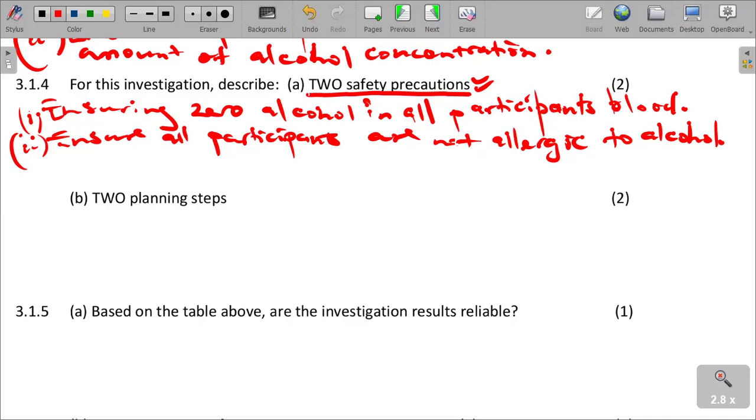Remember, when we do an investigation, it is always very important and profound that your experiments must not interfere with the living organisms that we are using. So in this case, there shouldn't be anyone who can suffocate or die because of taking alcohol. That is very important. So therefore, he has to ensure that all participants are not allergic to what? To alcohol.